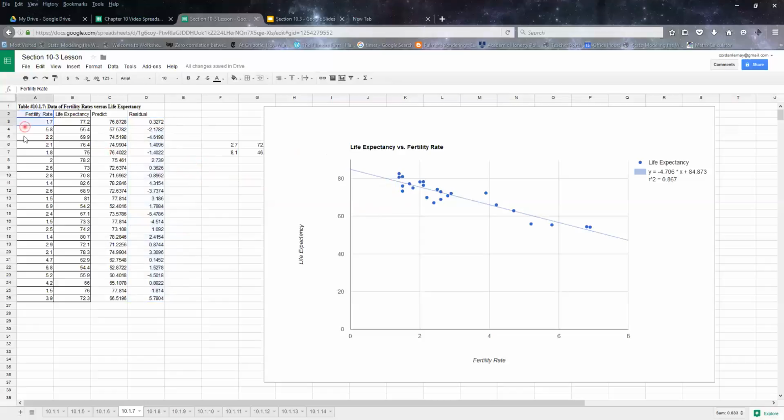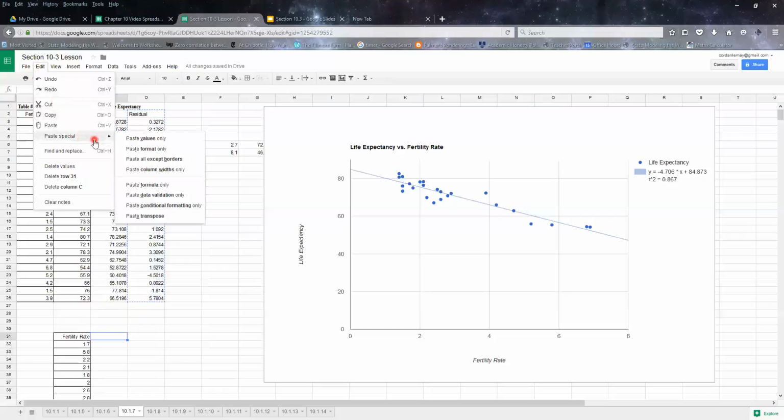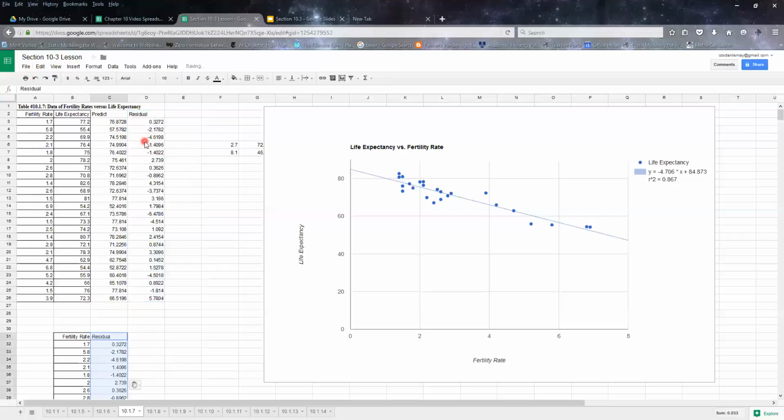So now I'm going to copy the fertility rate, select it, Control-C, and paste it. I'm going to select my residuals and Control-C it, but remember I have to do a paste special, or else the formulas will copy too. So edit, paste special, values only.